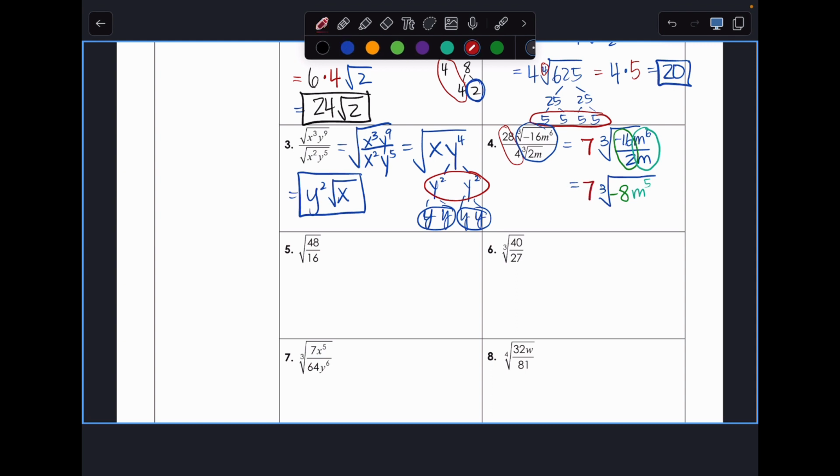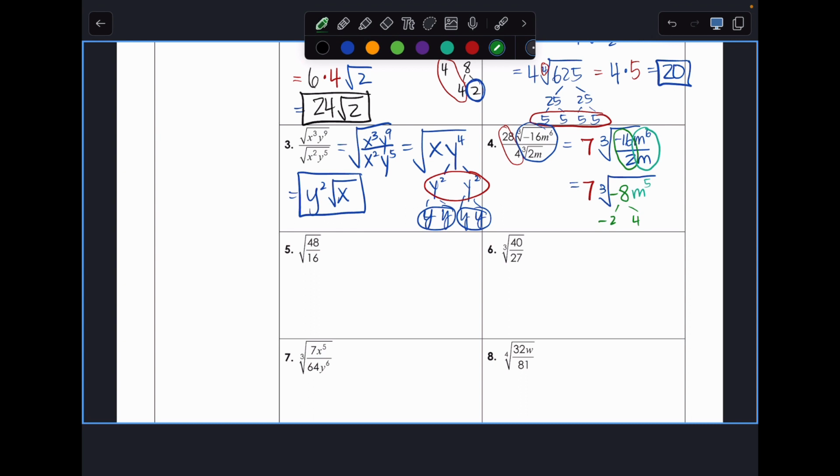How are we doing? Am I going too fast? No. All right. Too slow? No. All right. I need negative 8, but they have to be identical bases. If they are different by sign, you cannot group them together. Okay? So if I say it's negative 2 times 4, does it make it up to a negative 8? Yes, but they're not identical.